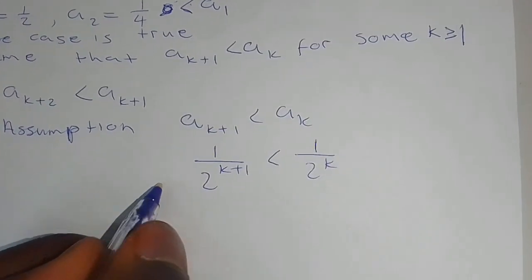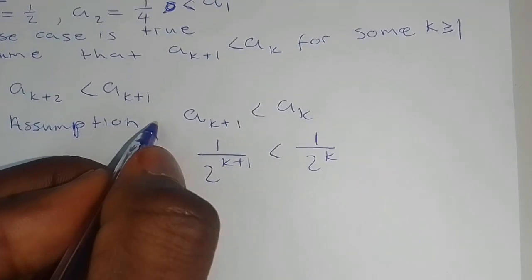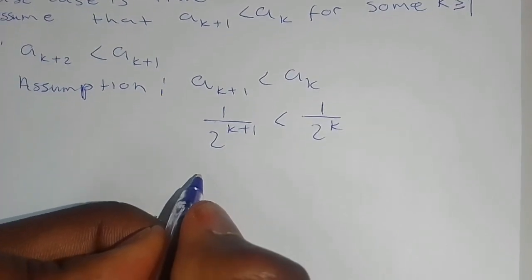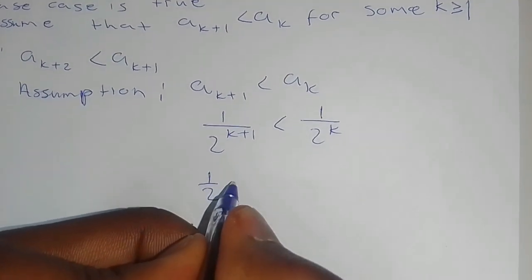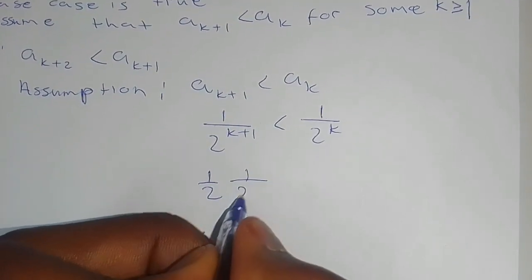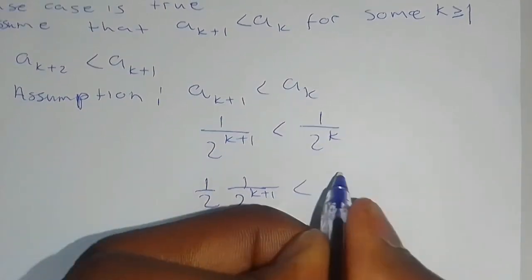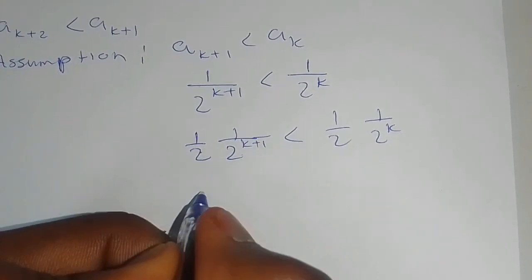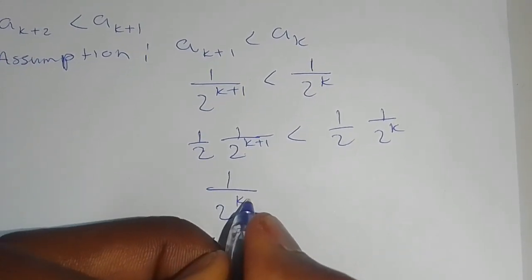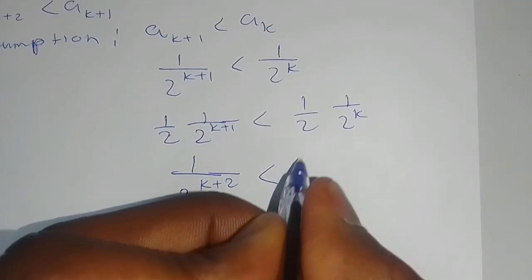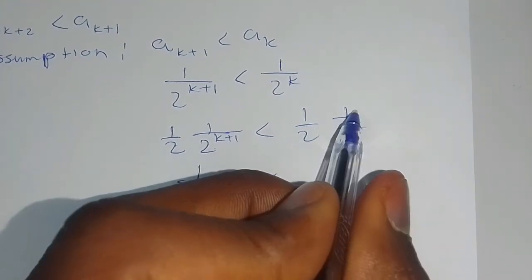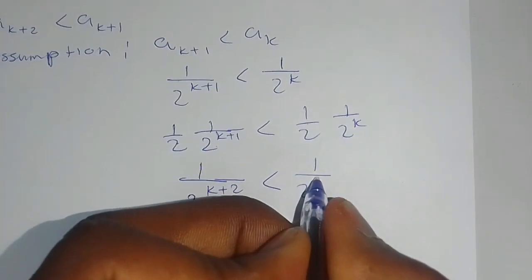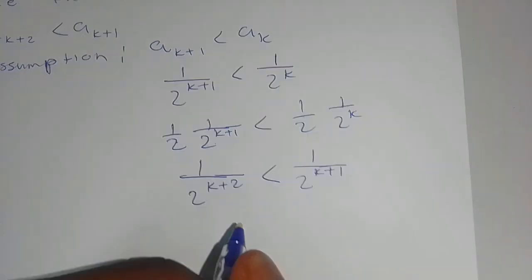Notice that if you multiply both sides by half, what happens? You get 1/2 times 1 over 2^{k+1} is less than 1/2 times 1 over 2^k. Multiplying by the 1/2 adds a 1 to the exponent, so you have 2^{k+2}. This is less than half of 1 over 2^k, which is a_{k+1}.